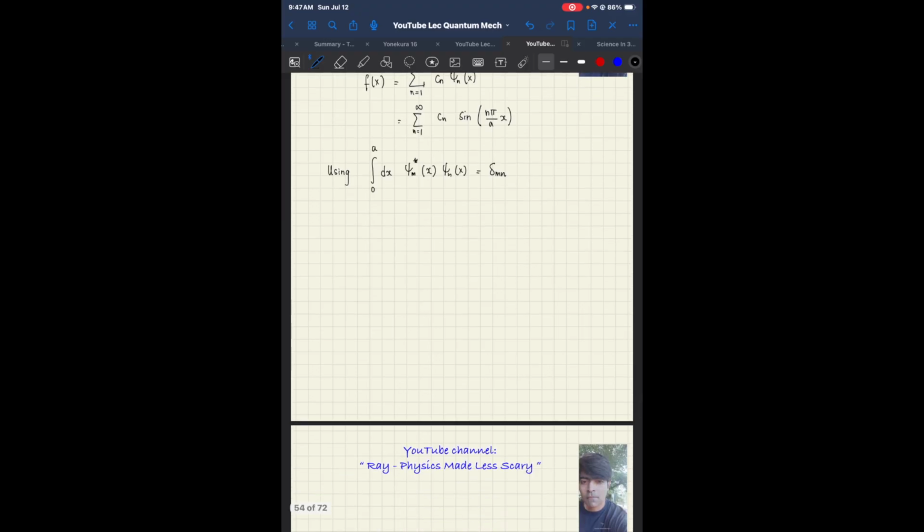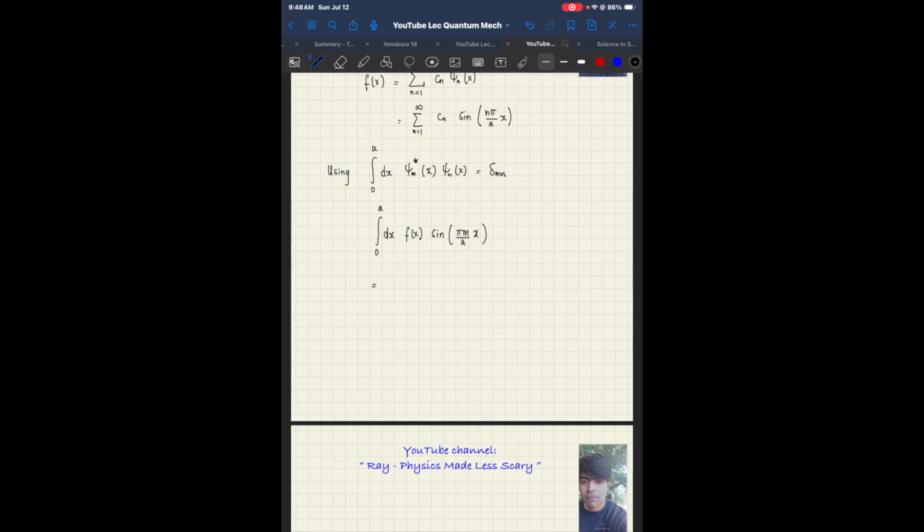In this particular case, you immediately see that if I were to multiply this chosen f(x) with a particular sine, say sine of m pi x by a, and then integrate from 0 to a, what do I get?